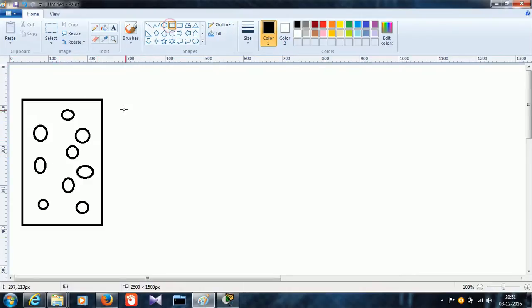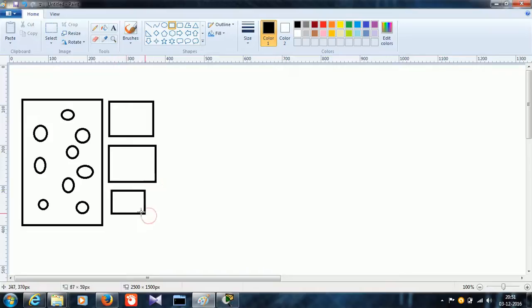So now what I'm going to do, this is the first standard, second standard, third standard, right? Now I'm going to put these first standard guys in their particular classrooms, second standard guys into the respective classrooms, third standard guys into the respective classrooms.